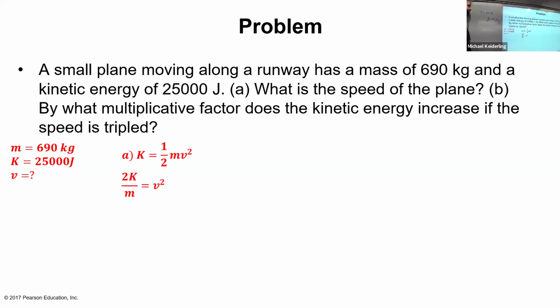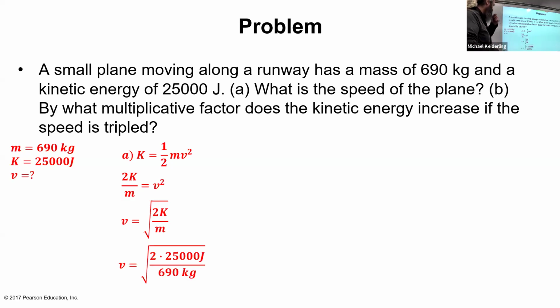So 2 times kinetic energy over mass equals velocity squared. The velocity is the square root of 2 times the kinetic energy over the mass. So if we plug in our values, 2 times 25,000 over 690, take the square root.